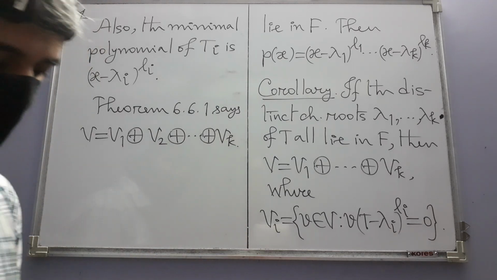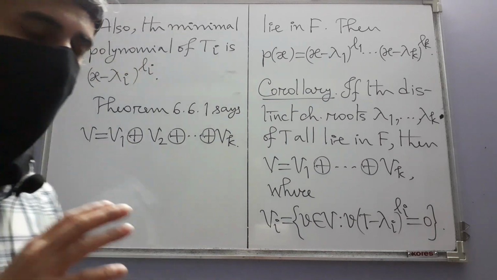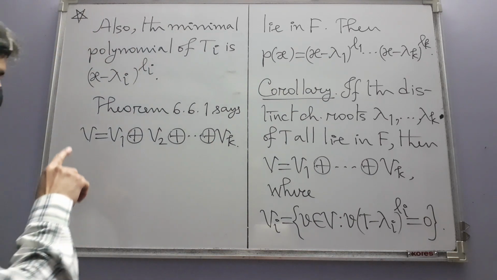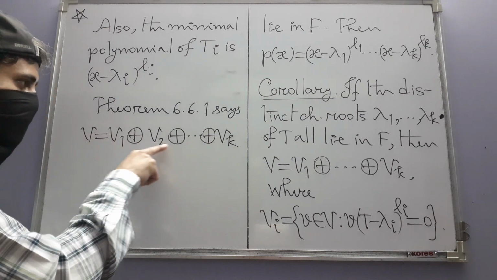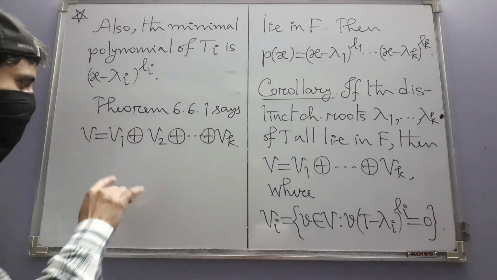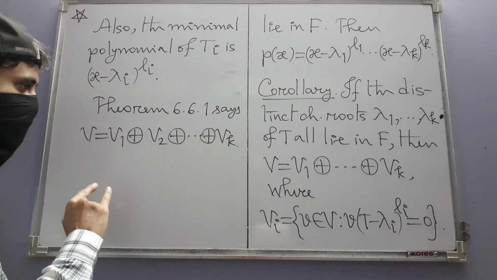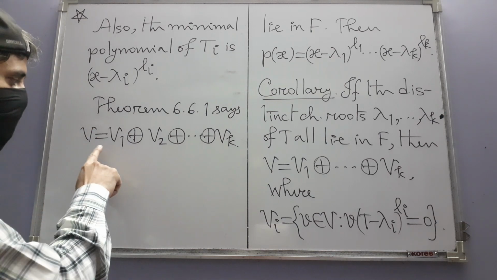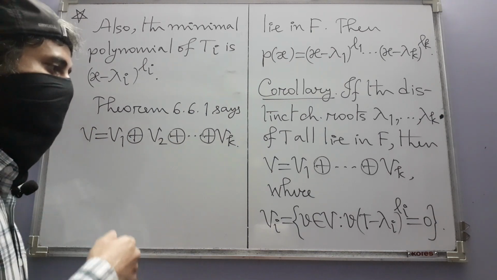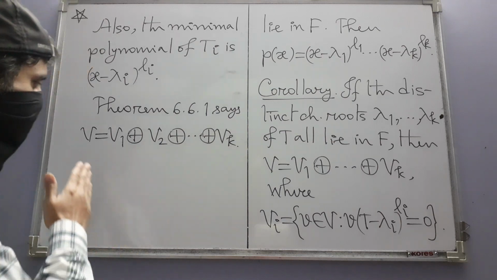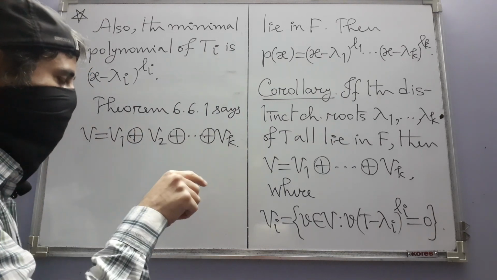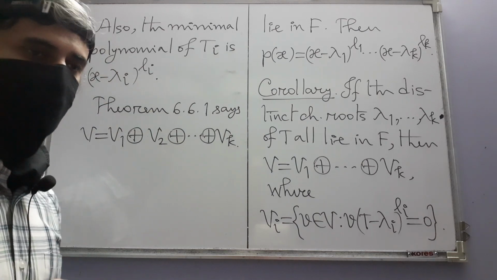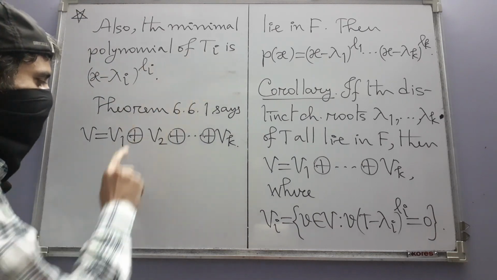In fact, in the beginning of all these discussions, this is what we saw. If you have a finite dimensional vector space V, which is a direct sum of some subspaces, and one more thing, each one of them is invariant under T, so that when you restrict the operator on any one of them, it induces an operator on that subspace, which we are calling these Ti's.